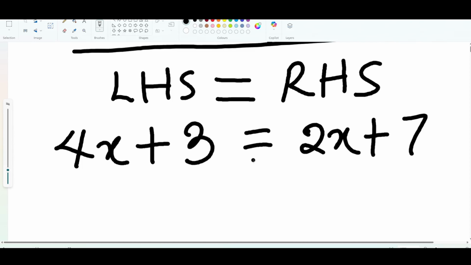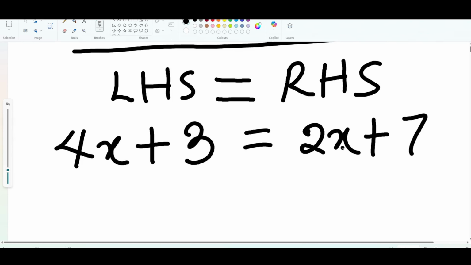So one thing about terms crossing the equality sign is that whenever any term crosses this equality sign to come to the other side, its sign will change.